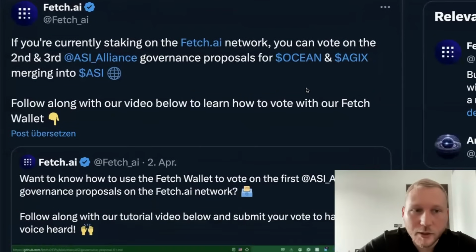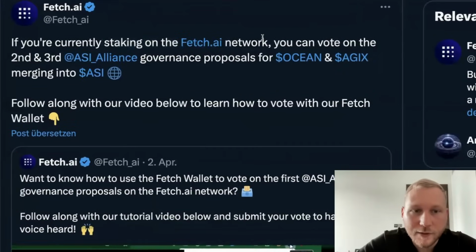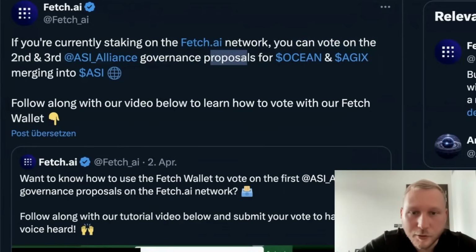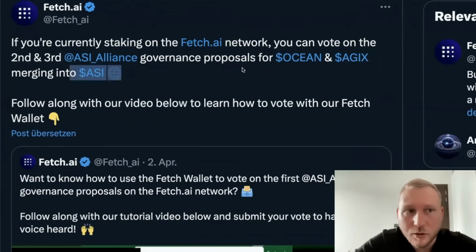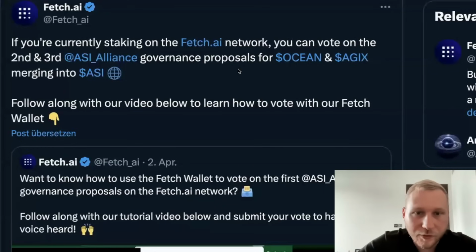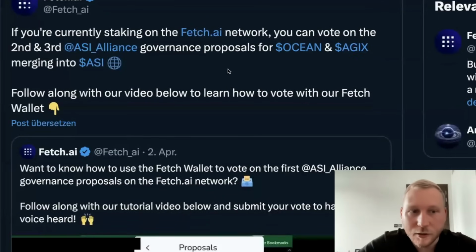Finally, one quick update. If you are a FET staker, Fetch AI, then you can now vote on the second and third ASI Alliance governance proposals for Ocean and AGIX merging into ASI, right? I talked to you a lot about this Superintelligence Alliance that Fetch is forming with Ocean Protocol and SingularityNET.